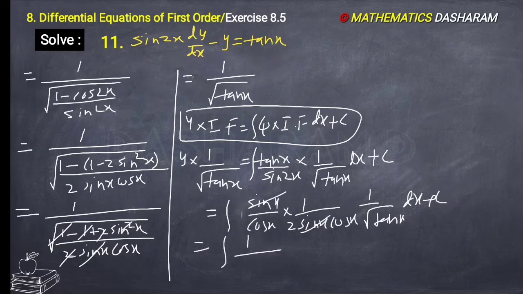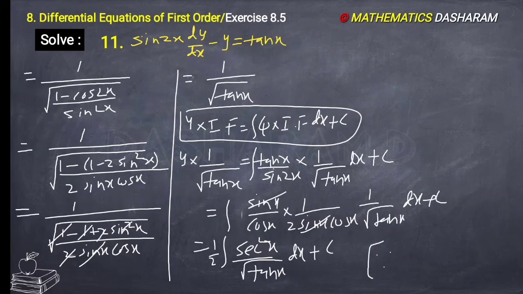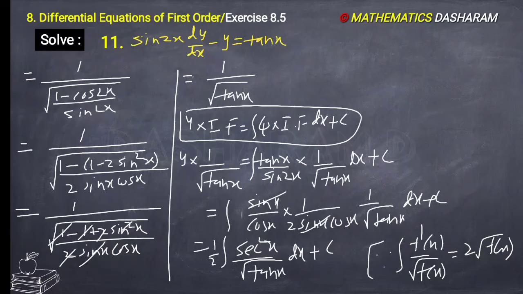So 1 by 2 is a constant, and cos x into cos x is cos square x, 1 by cos square x is secant square x by root tan x dx plus c. And here one important formula: integration of f dash x by root f of x equals to 2 into root f of x is a formula.